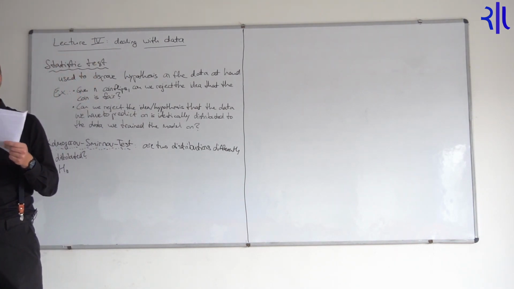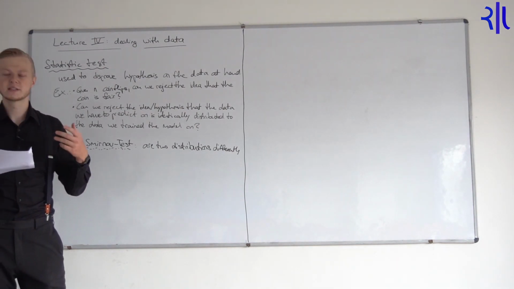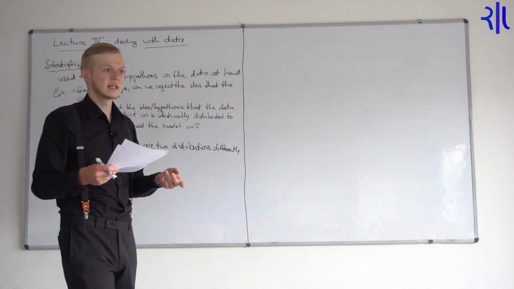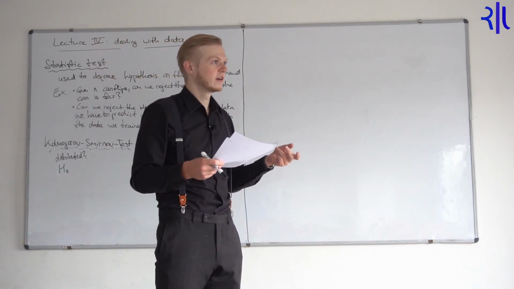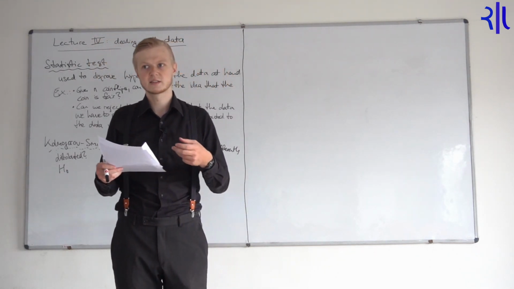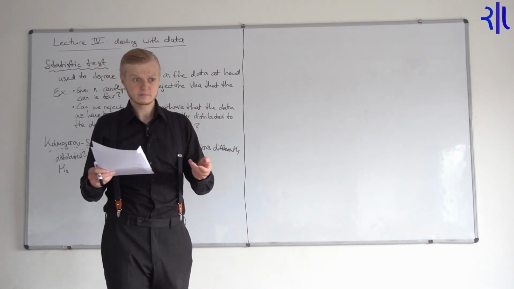You calculate the probability of observing data that is at least as contradictory to your null hypothesis as a certain level.